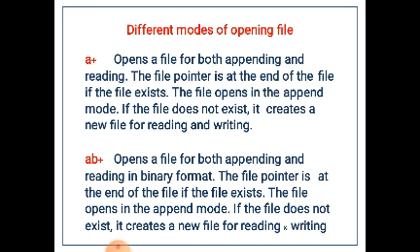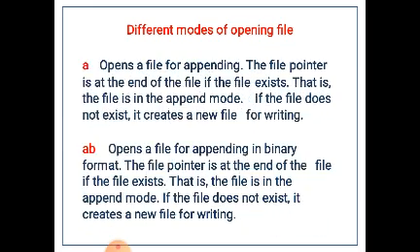AB plus, here you see again B, that is meant for binary format. So it opens a file for both appending and reading in binary format. Here also the file pointer will be at the end of the file if the file exists, and if the file does not exist, it creates a new file for reading and writing.